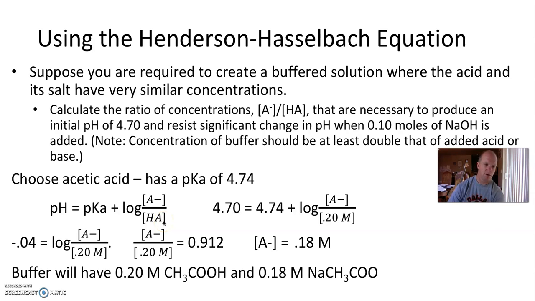Okay, so that means the buffer will have 0.2 molar acetic acid and 0.18 molar sodium acetate, because that is my conjugate base I'm going to put on top. By the way, if you're wondering, when we use those conjugate bases, we're always going to use potassium or sodium as the positive ion that goes with it, because those tend to be extremely soluble and won't come out of solution no matter really what you react them with.